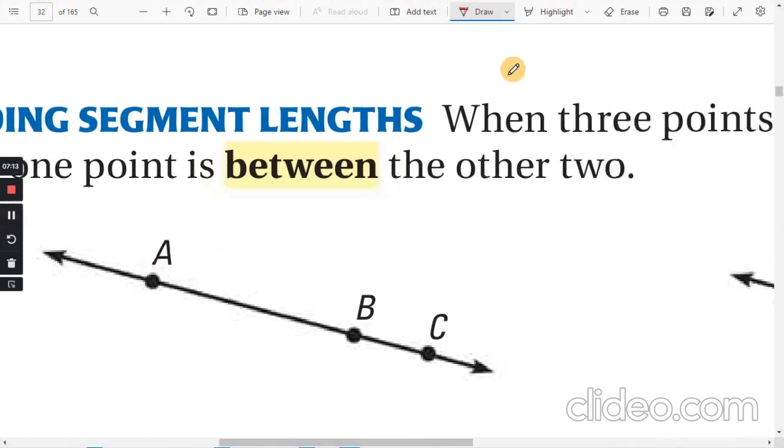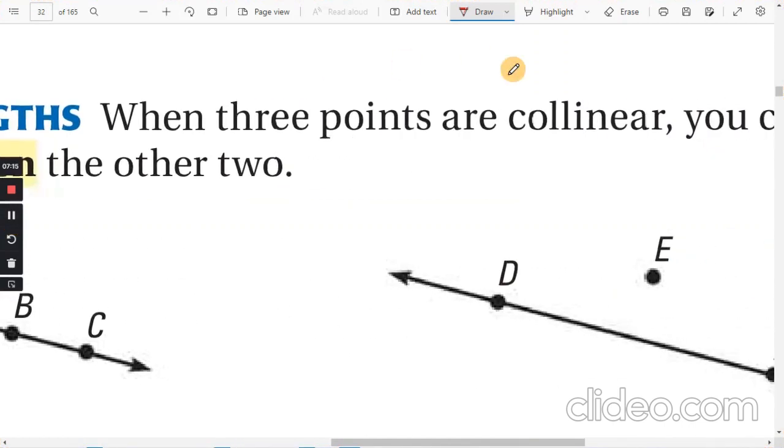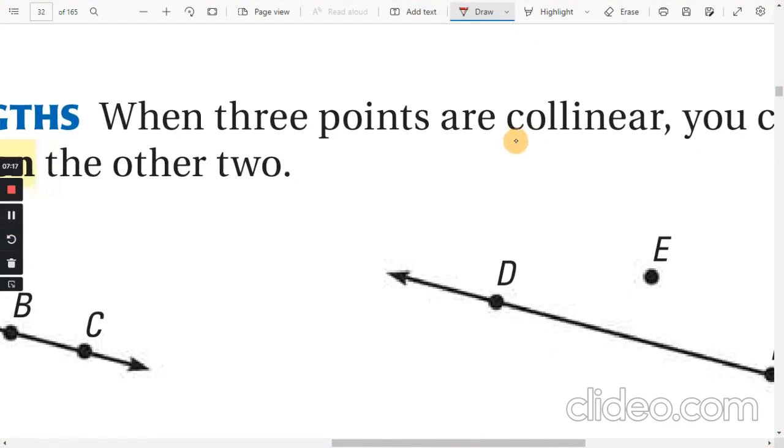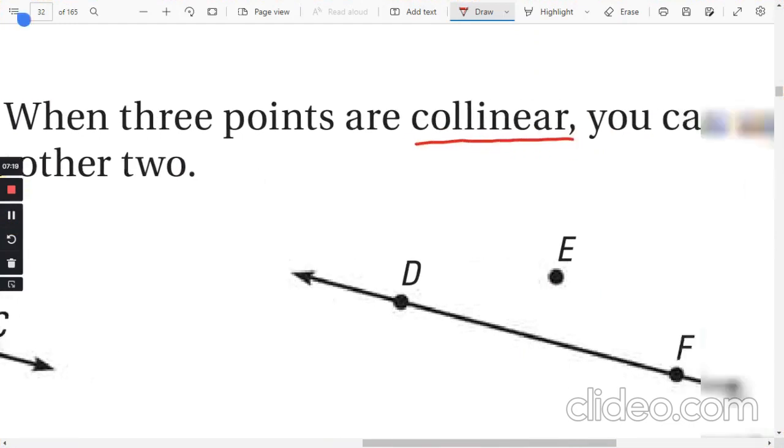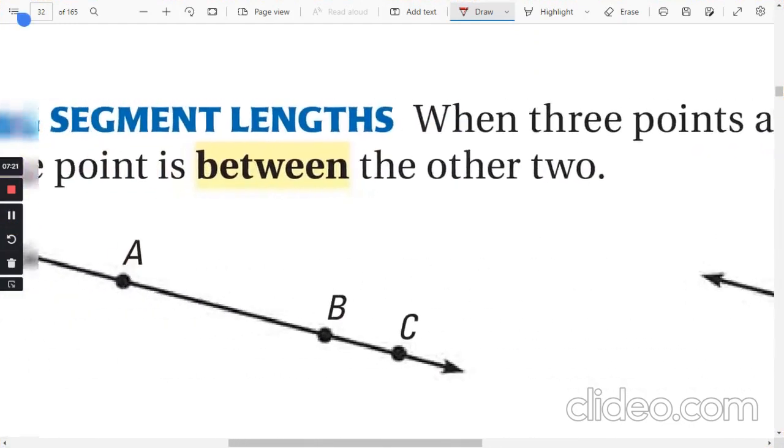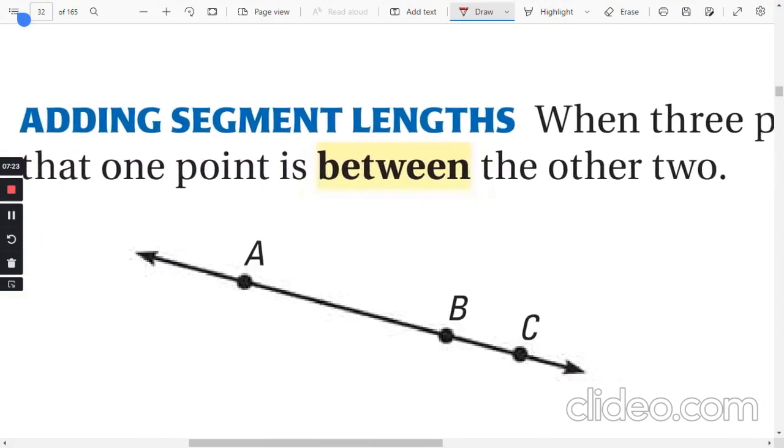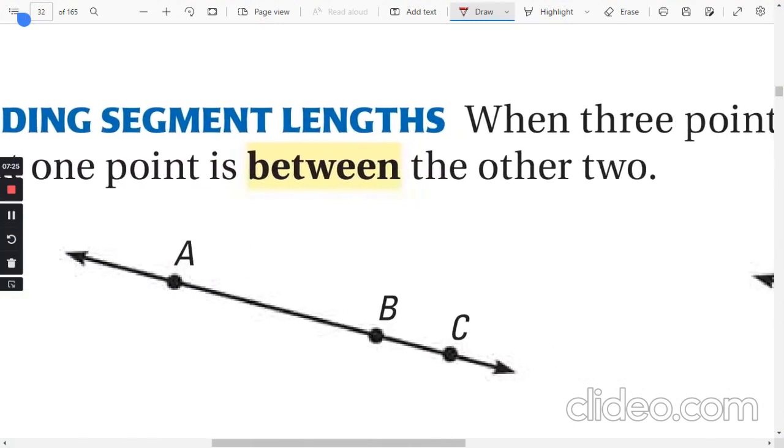All right, so when 3 points are collinear, that means they are on the same line. You can say that 1 point is between the other 2.